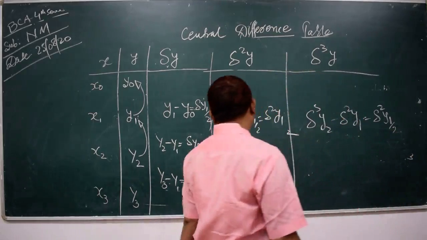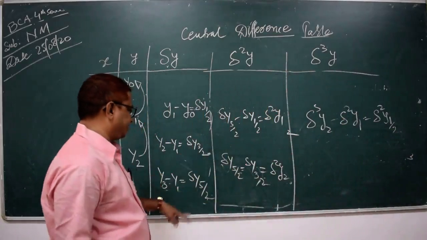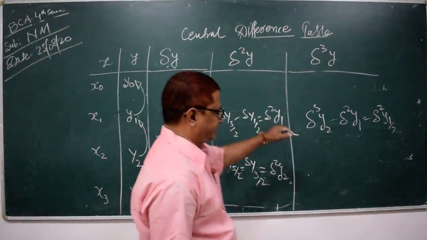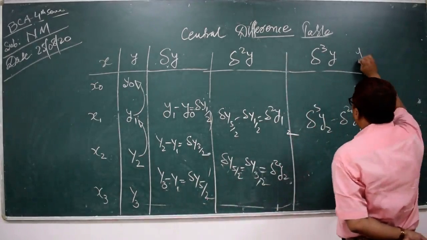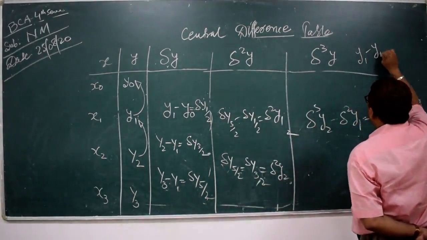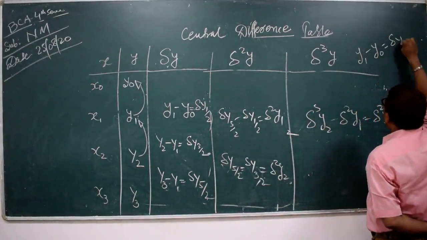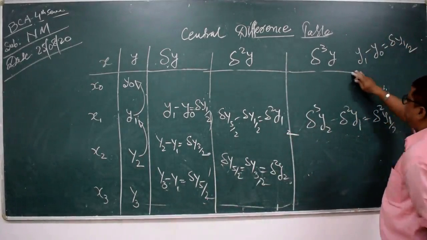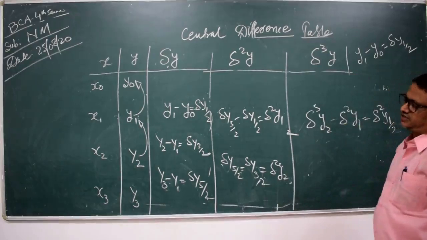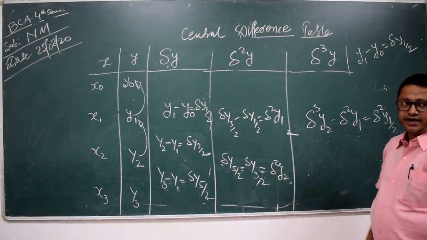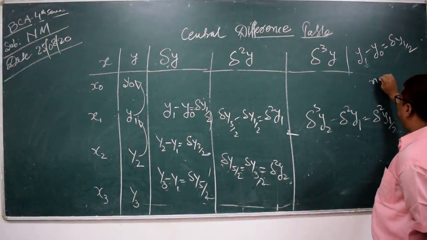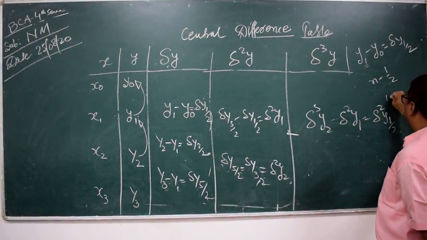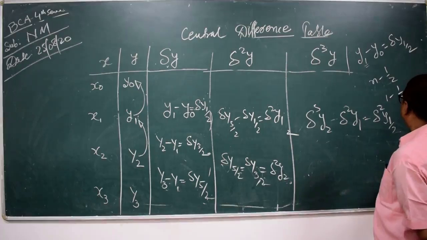अब ये बात यहाँ पे आती है, ये 1 by 2 हम कैसे लिख रहे हैं, 3 by 2 कैसे लिख रहे हैं, 5 by 2 कैसे लिख रहे हैं. The formula is: suppose y1 minus y0 is equal to delta y1 by 2. We are representing the first difference in the first column. Here the value of n is 1, n minus 1 by 2, so 1 minus 1 by 2 is 1 by 2.